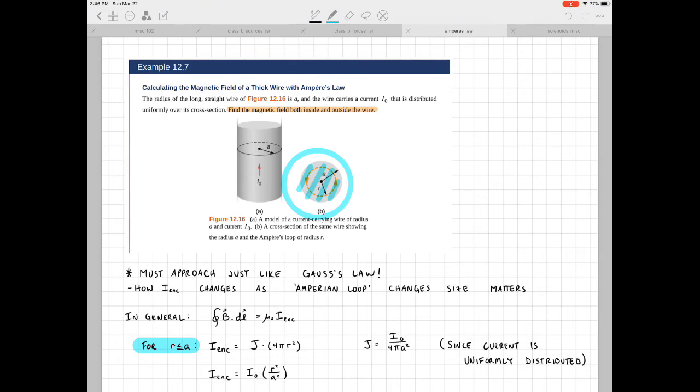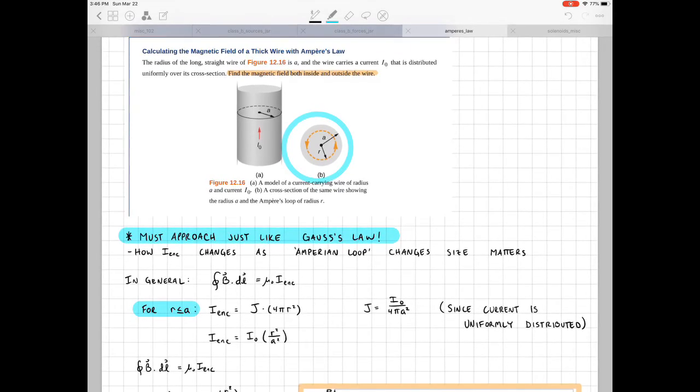And so we need to think about, if we sketch our Amperian loop, like drawn there in the yellow, how much current is actually enclosed in that loop, and how does that change as we draw larger or smaller loops. So the approach here is exactly like what we would use in Gauss's law.